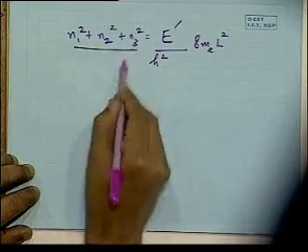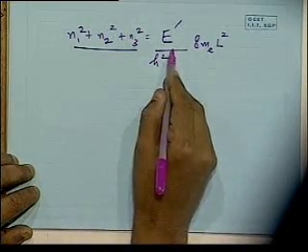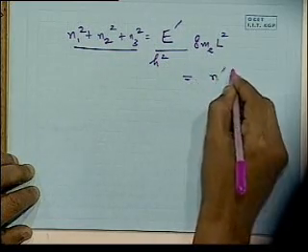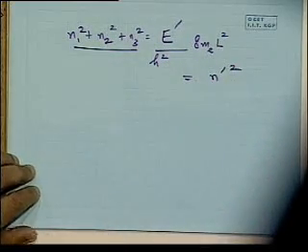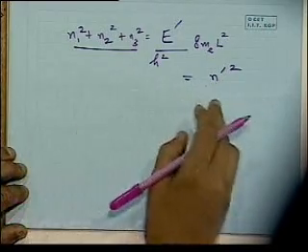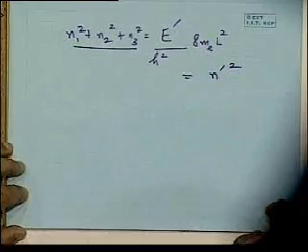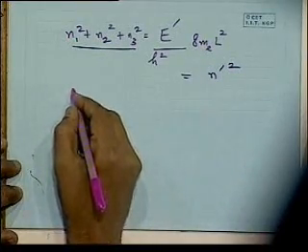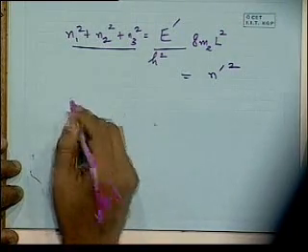So this will have some maximum value based on the particular E dash that we have chosen, and we can call this maximum value n dash squared. What we want to know is how many of these combinations there are until we reach n dash squared. Let us look at a two-dimensional picture to start with.